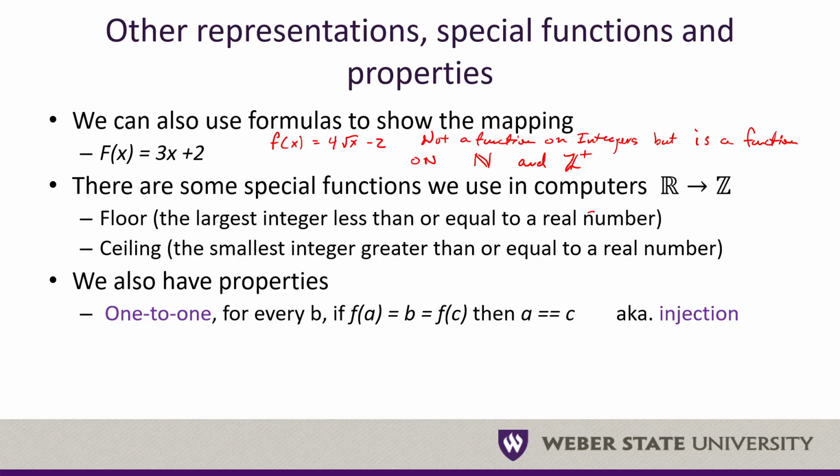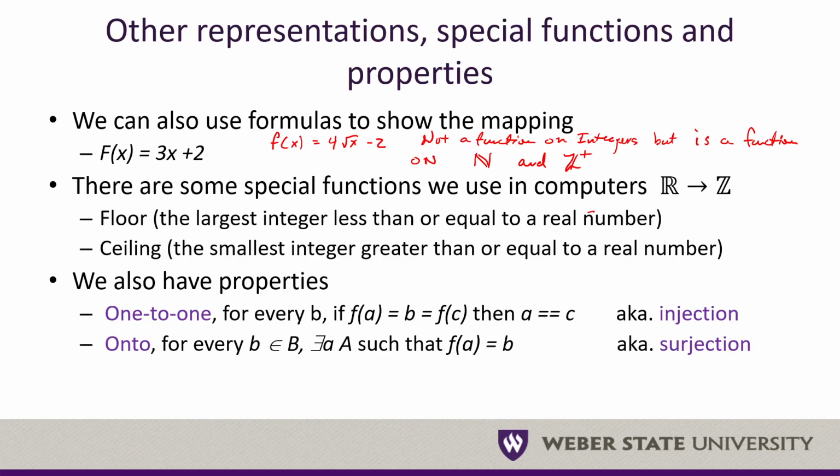So just as for the unique property for functions, I don't have any place where x maps to 2 values. Onto: every value of b, or the codomain, must have a value from the domain that maps to it. And what this really means is that there are no gaps in my range.